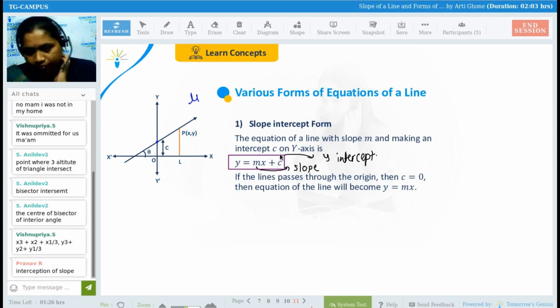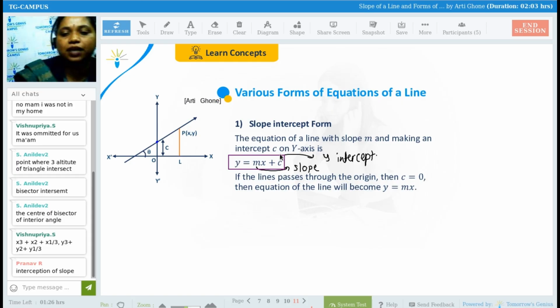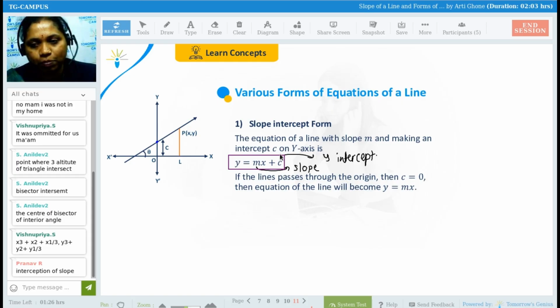So the equation of a line with slope m making an intercept c on the y-axis: if this line passes through the origin, then c is equal to 0. Obviously if this line is directly passing through the origin, c becomes 0, right? And the equation of the line will become y is equal to mx simply.